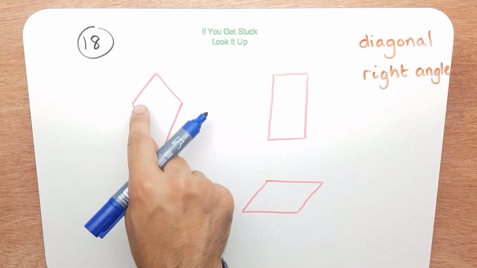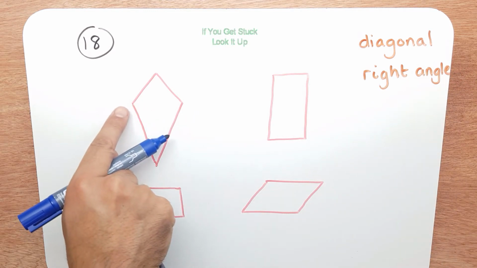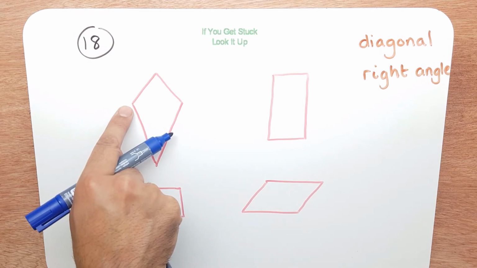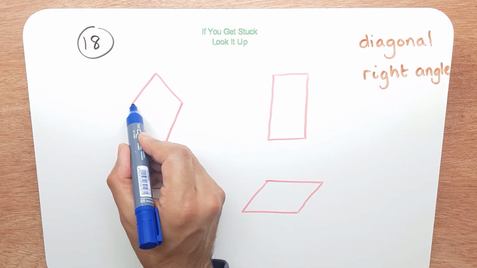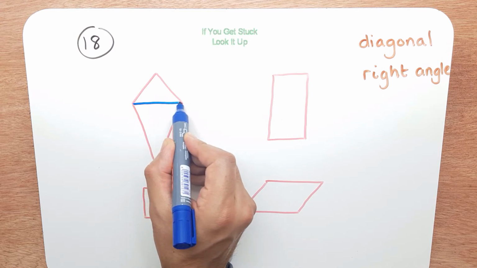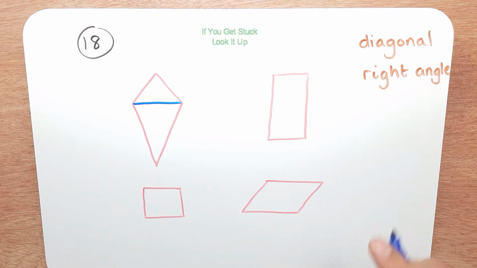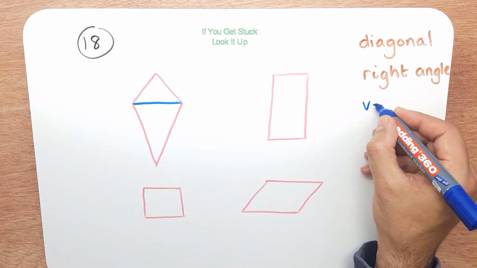So remember, a diagonal goes from one corner or vertex to another one that is not next to it. So for example, this here is one diagonal. So let's write down the word vertex.